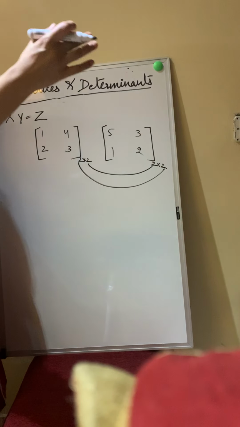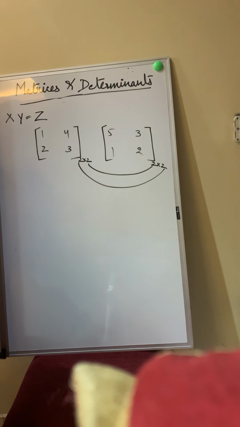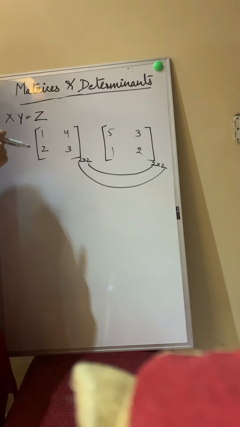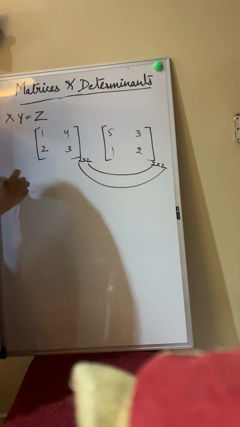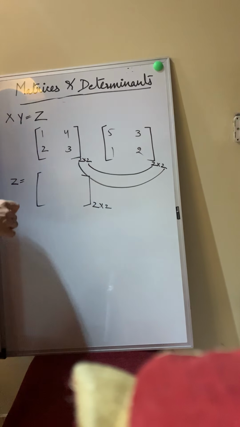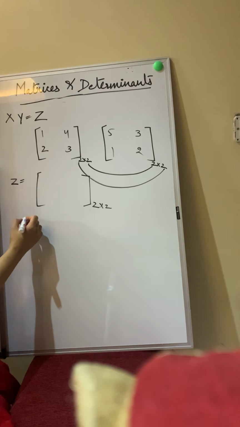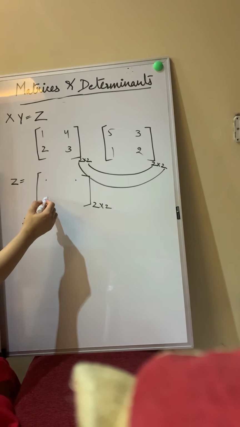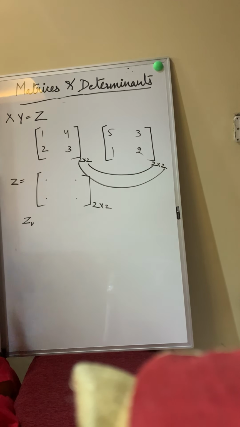We can have bigger matrices as well. Once you practice this, you can solve the bigger matrices also. Now Z will have the order of 2 by 2. First I am solving Z11, Z12, Z21 and Z22.